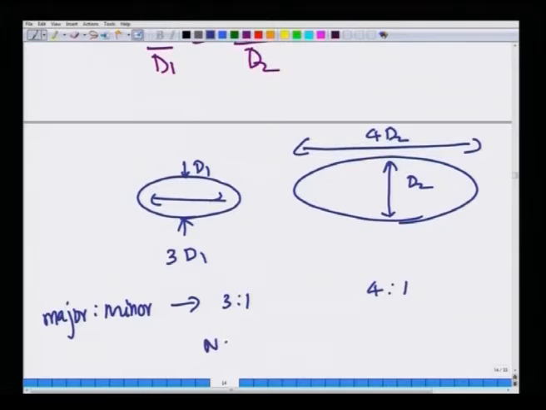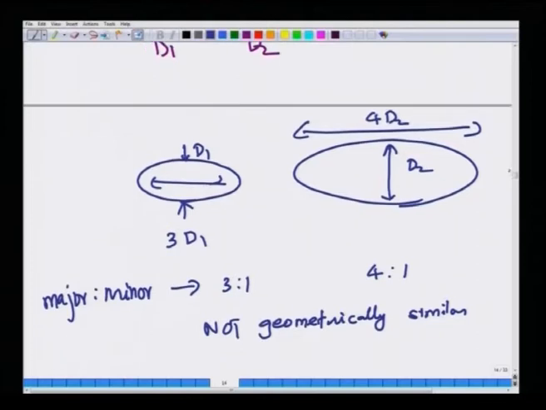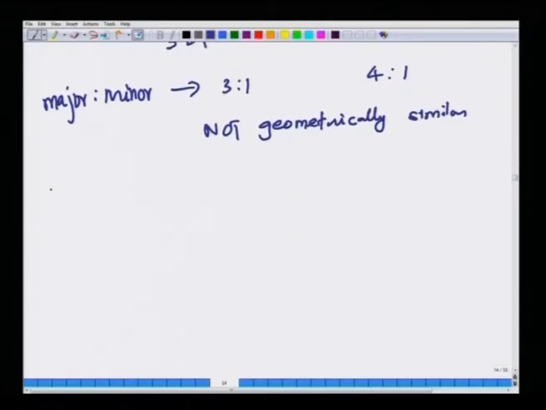So, these two systems are not geometrically similar again, because the ratios of various lengths must be identically the same across two different systems; only then are we ensuring geometric similarity. The next thing comes in kinematic similarity.